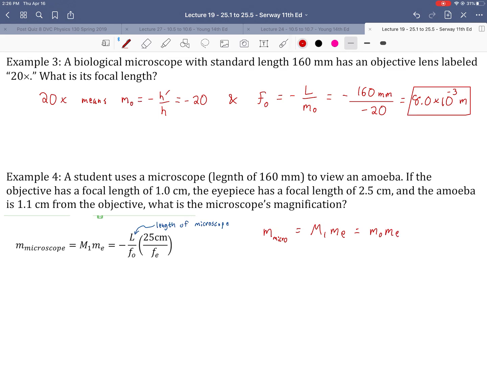Those are just the two lenses. I called it the M with the subscript of O in the previous example, so to be consistent, that's what I'll use here. And then we just want to think about where each of those terms come from.